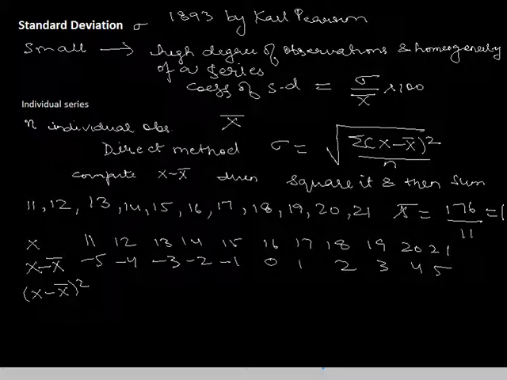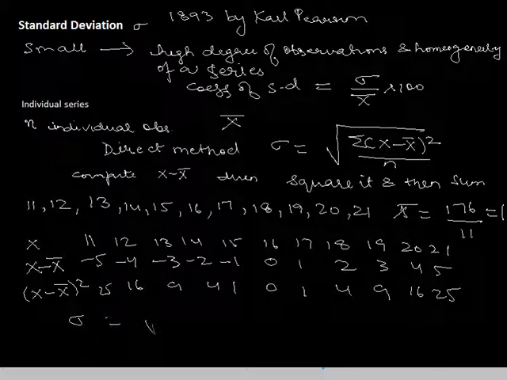And you square it, you get 25, 16, 9, 4, 1, 0, 1, 4, 9, 16, 25. So the sum out here is 110, so sigma will be the root of 110 upon 11, which is root 10. That is 3.16, the standard deviation.